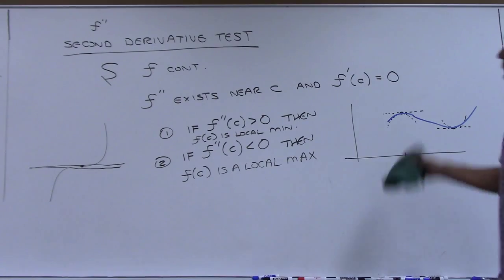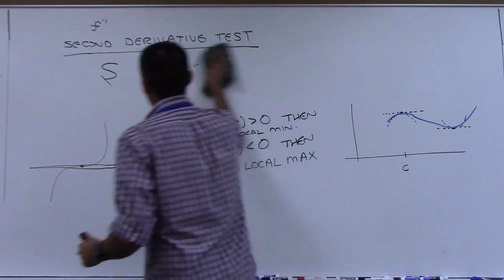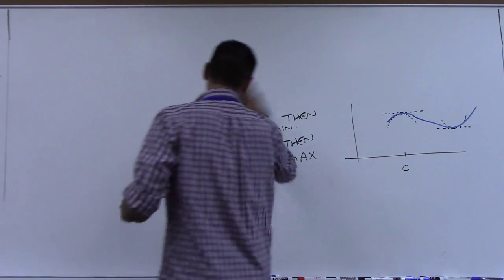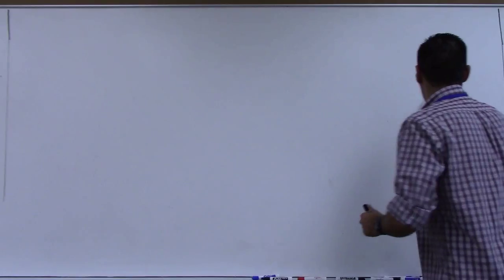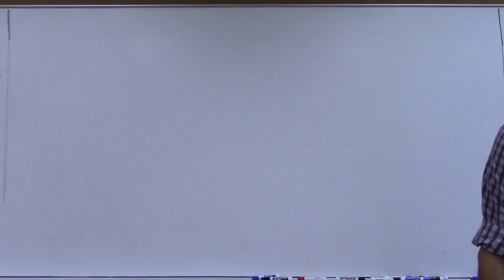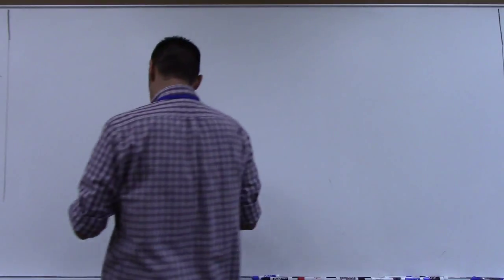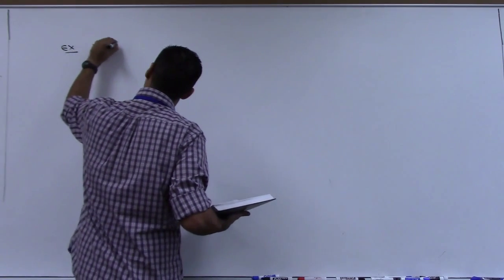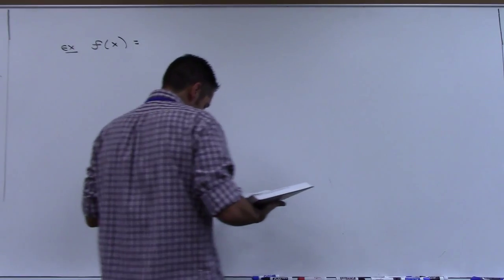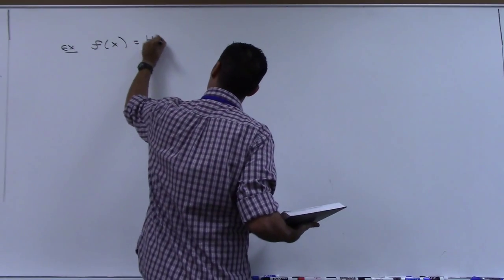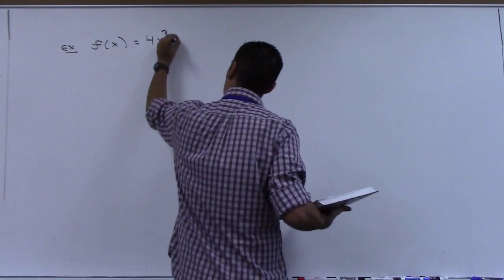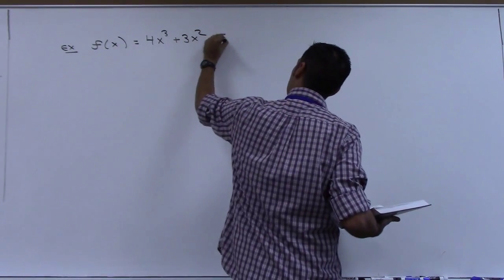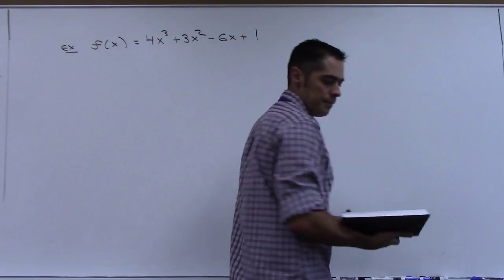We're going to start out real basic with just a polynomial function. And these will get harder as we go. So let's say we have the function f of x equals 4x cubed plus 3x squared minus 6x plus 1.